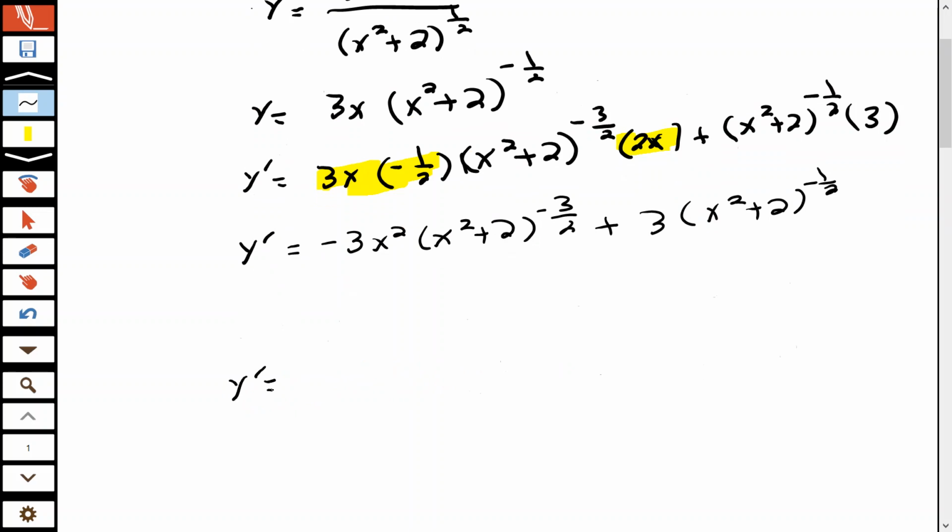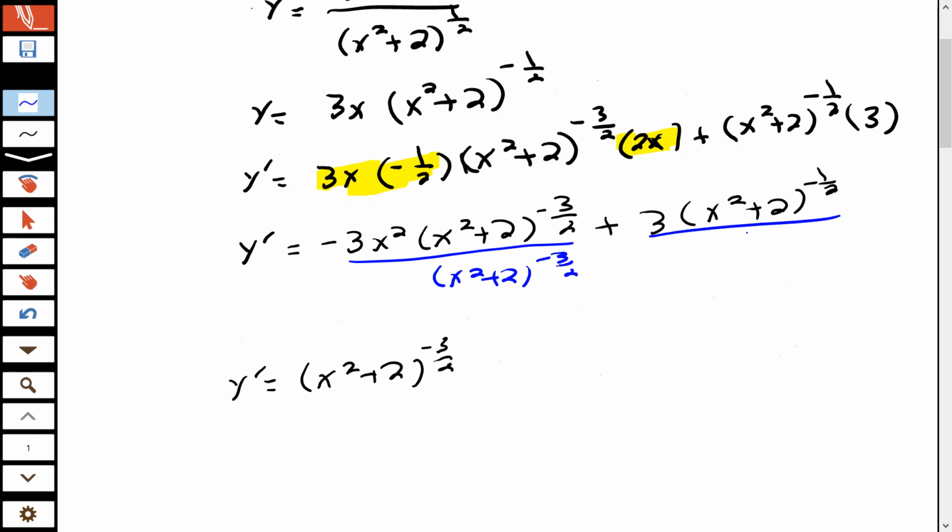So y prime equals, we're going to factor out the x squared plus 2 to the negative 3/2. So that means I am dividing each one of these by that x squared plus 2 to the negative 3/2 because that's what I'm factoring out.